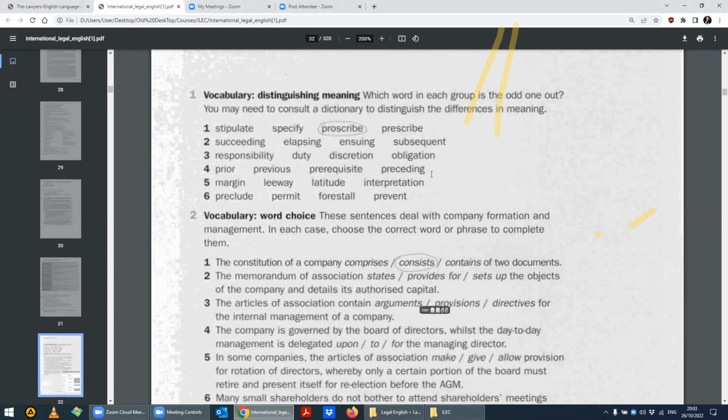Okay, some of these words, as we go through the course, will become more and more advanced. Right? Prior, previous, prerequisite, preceding. So we've got prior, previous, prerequisite, preceding. Which is the odd one out?